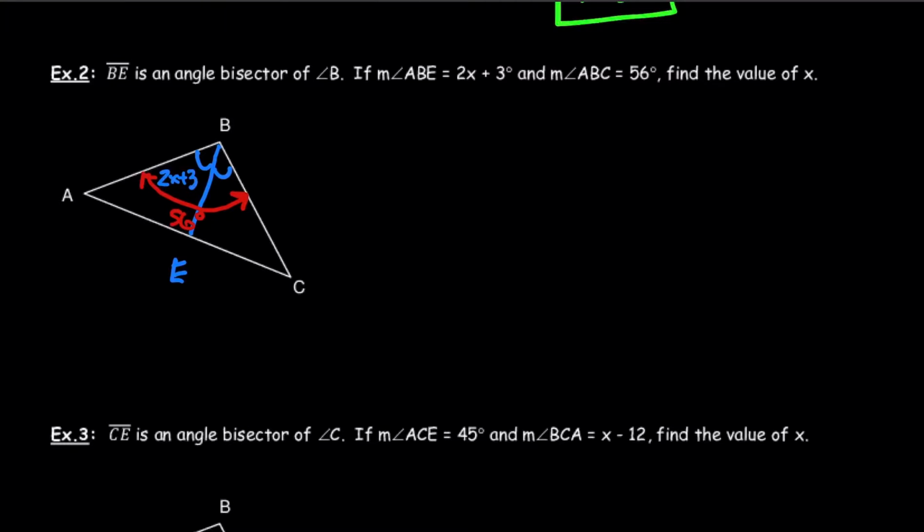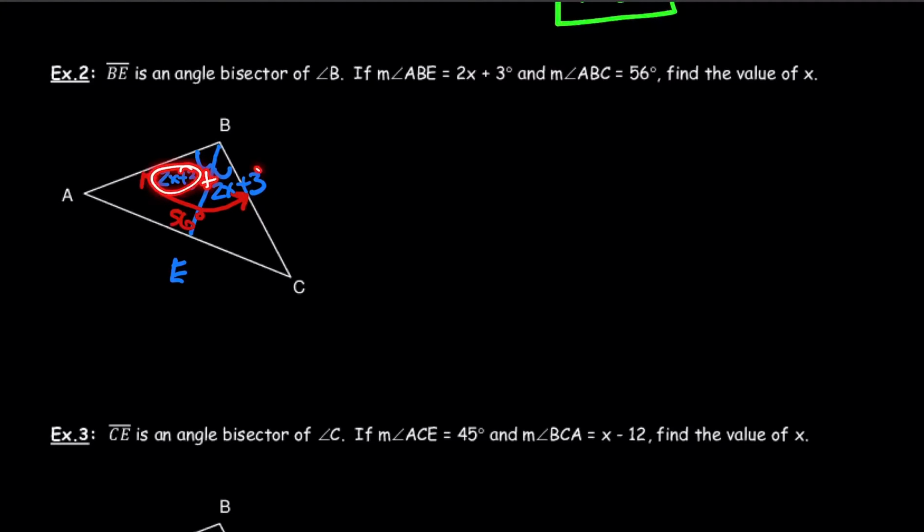Now I'm hoping you guys can see that this angle right here, the 2x plus 3, is not the same as this angle right here. Those are not equal. What I need to do is represent this piece here so I can add it to that piece, and then that whole thing will be 56. So I need to fill this angle in with 2x plus 3 also. Because they're equal, if one of them is 2x plus 3, so is the other.